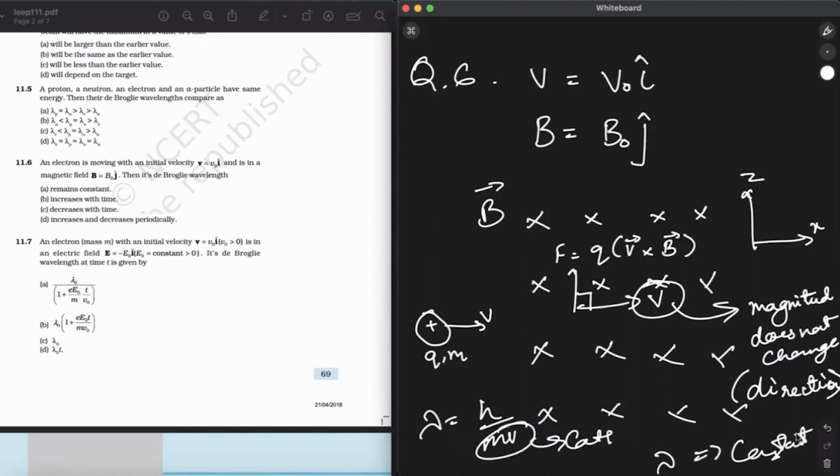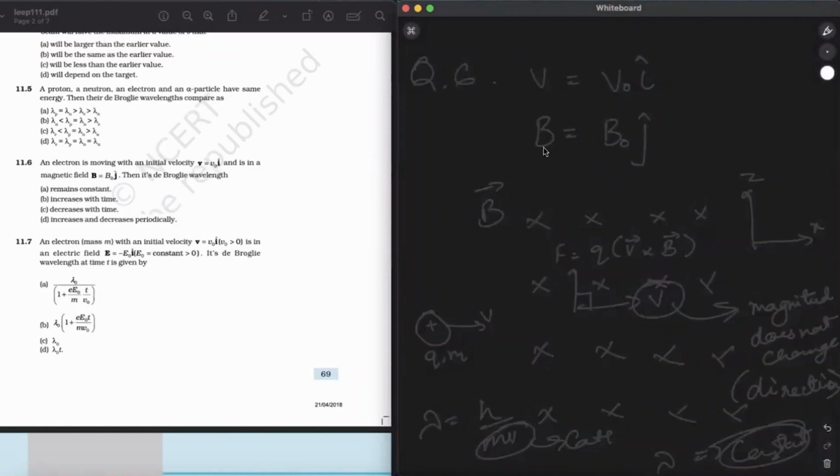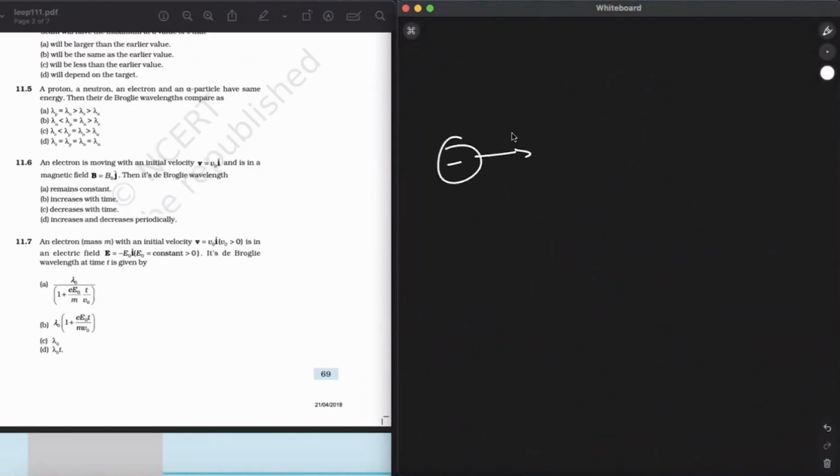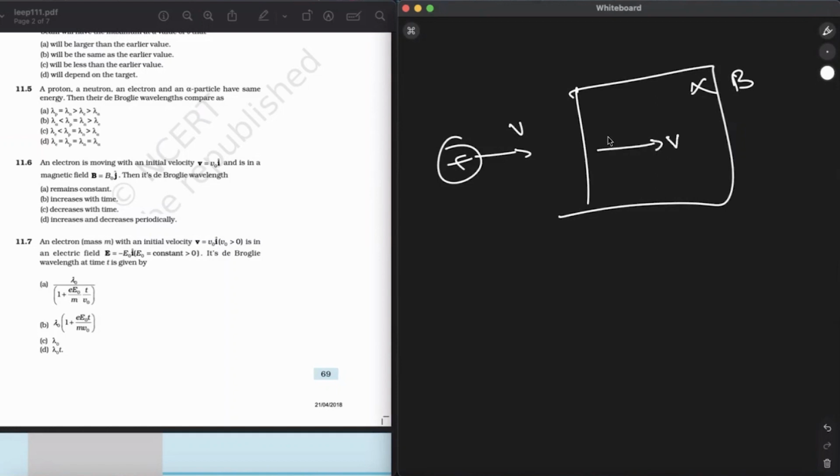Simple. Let me tell you a misconception. If a positive charge moves with some velocity v and enters a magnetic field B region, the force is equal to q v cross B. People think that since force is acting, the velocity must be increasing, because force makes acceleration, which makes the velocity increase.